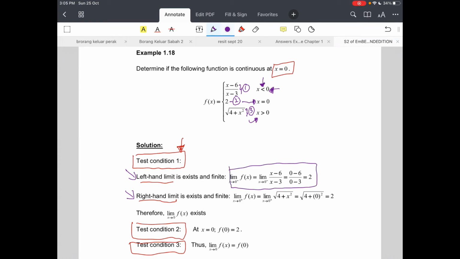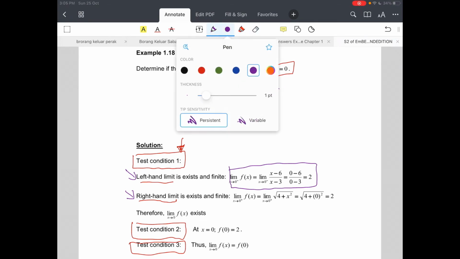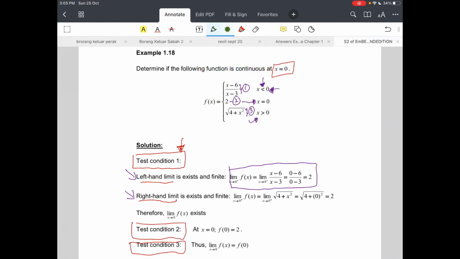Okay, if I can write down, this is for x approaching 0. Let me change it back using different colors. So this one is x approaching 0 from the left side. This is when x equals 0, and the third function is when x approaches 0 from the right side.